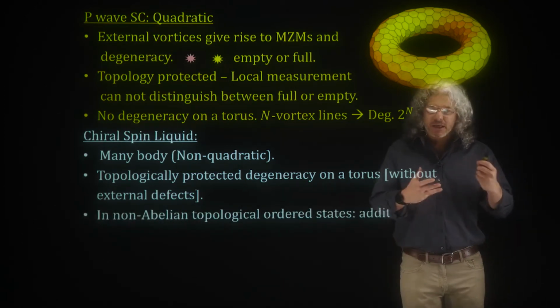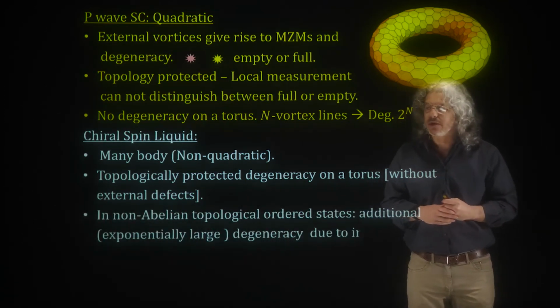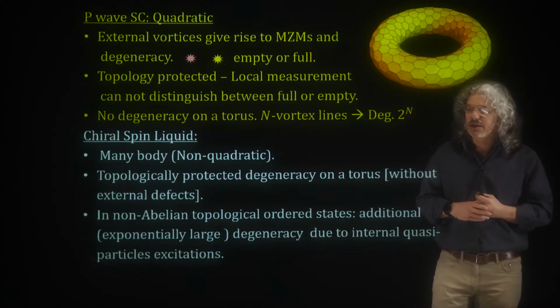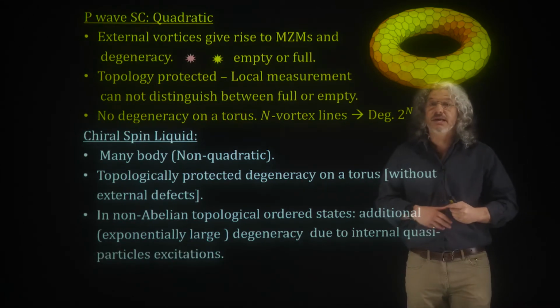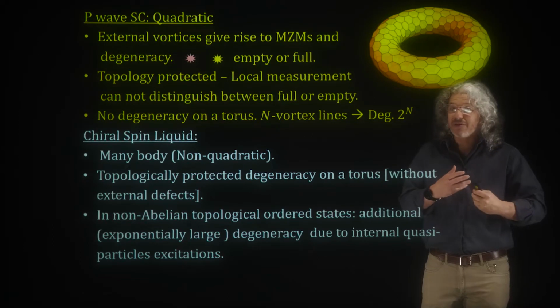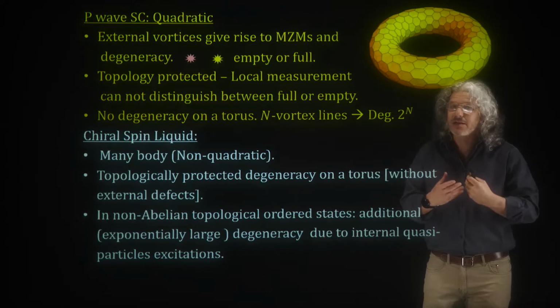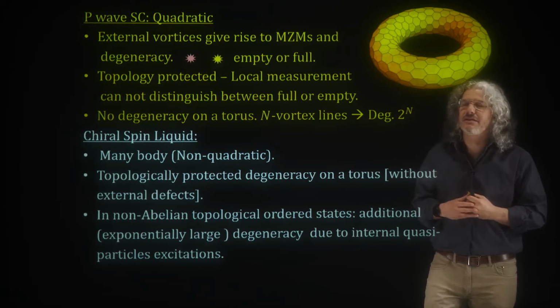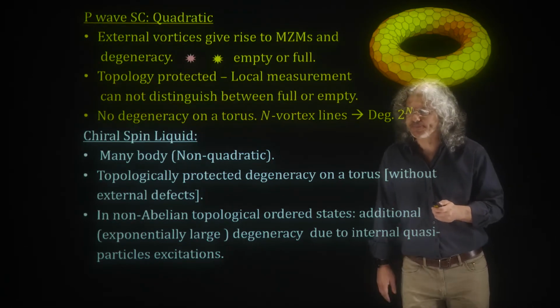In the non-abelian case, for example the spin liquid that we discussed in the Kitaev honeycomb model, there is additional degeneracy when there are internal excitations in the system.